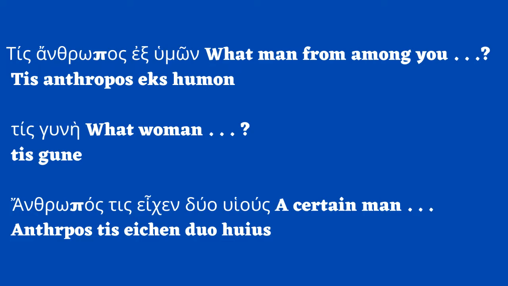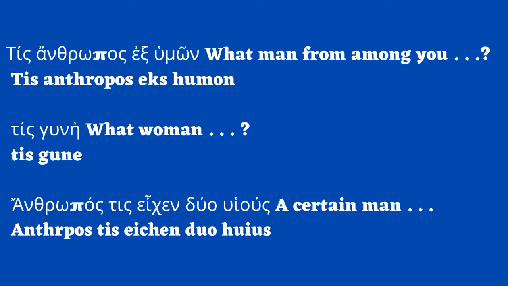So this is really important that we see. I'm going to ask you to go back up to the first line in the Koine part, not the transliterated part, and see the tis, the first word. Notice that it's accented. There's an accent over the iota. Go down to the second line, tis gune. There's an accent over the iota in the tis.